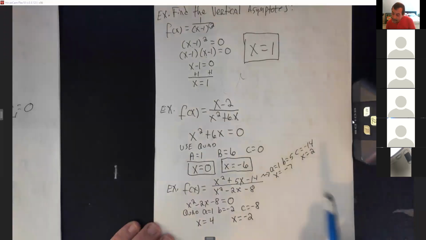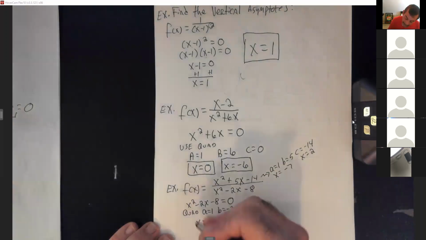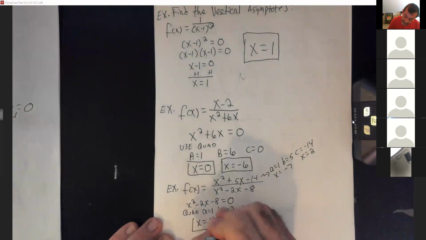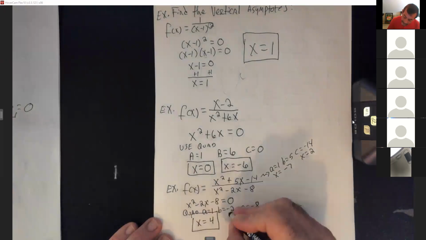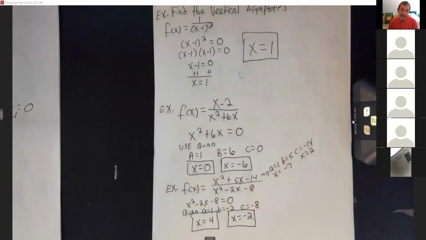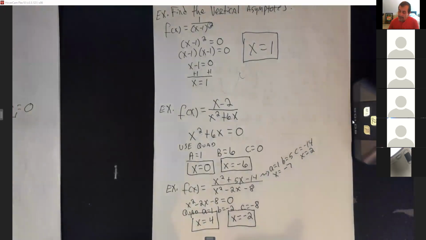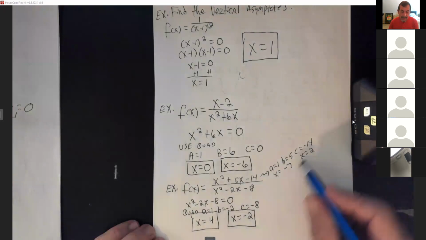So since neither one of those numbers match either one of my bottom factors, I can keep both of these asymptotes. Okay, so that's the main thing you got to do, just check that top. See, when I did domains, I didn't have to check the top. But when I look at asymptotes, I do got to look at the top to make sure nothing cancels on those.